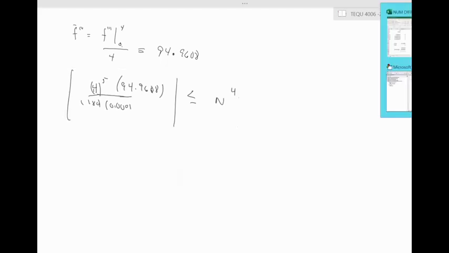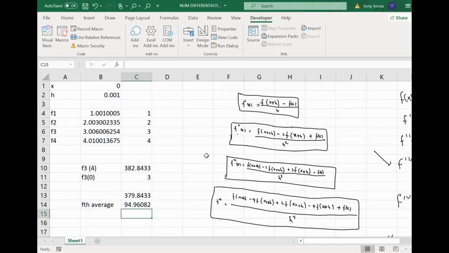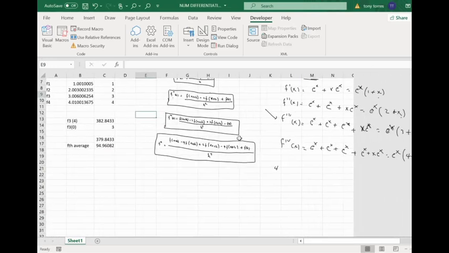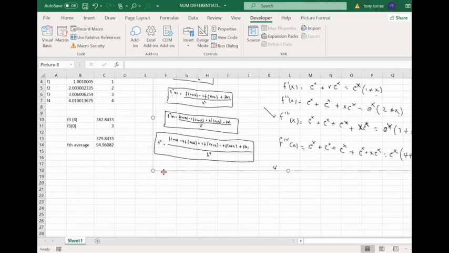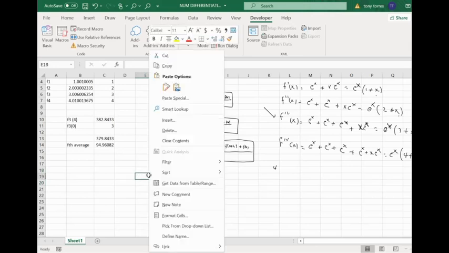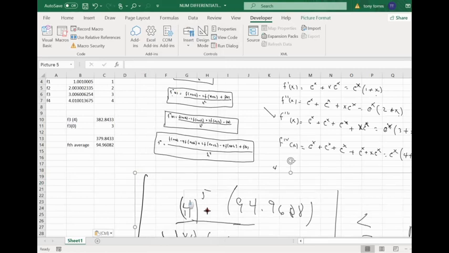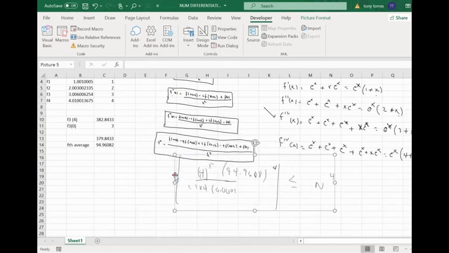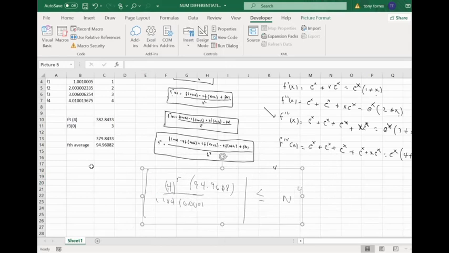So we move to Excel, somewhere here, so I can do that. Paste. Here we go. Paste special. And reduce it so that they look good.